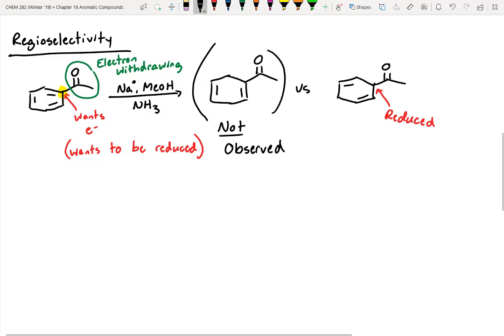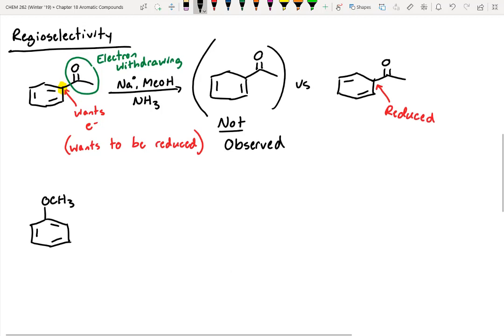All right, let's take another example. What's this starting material called? Methoxybenzene or anisole.